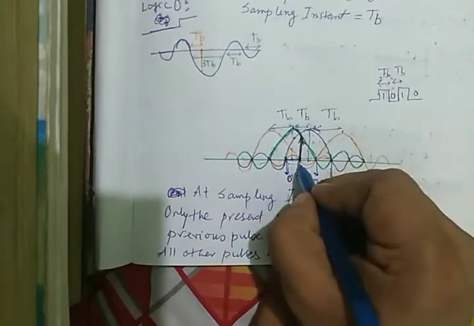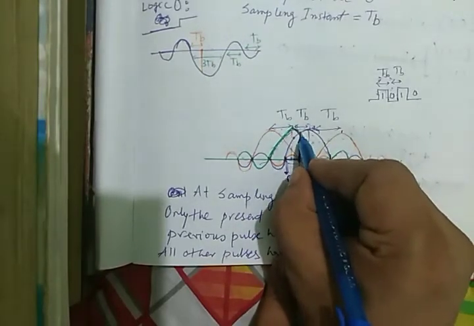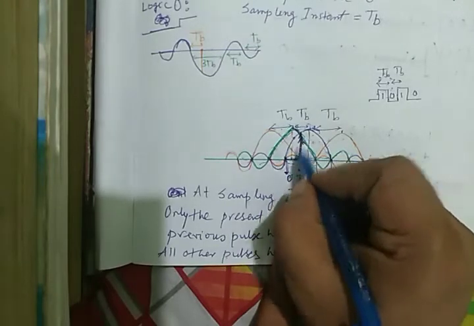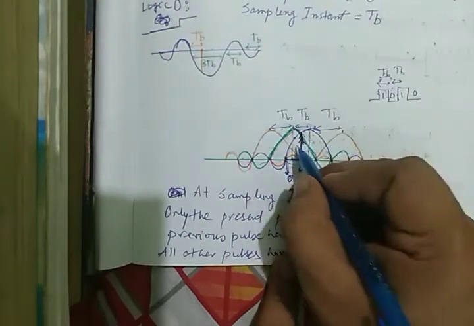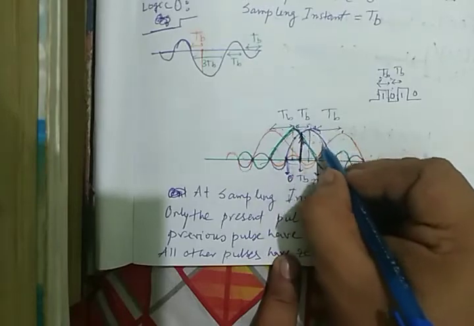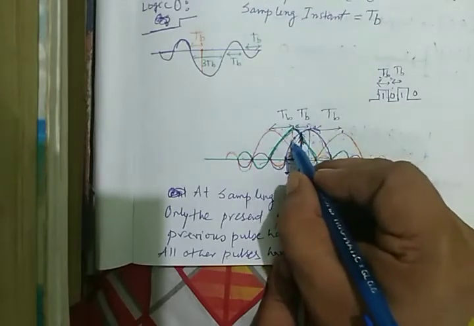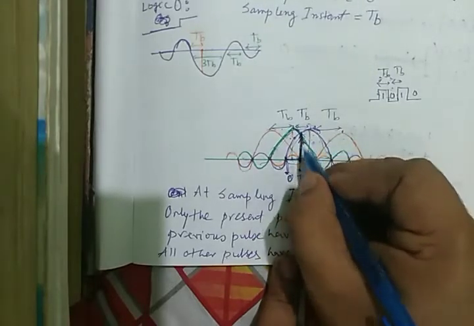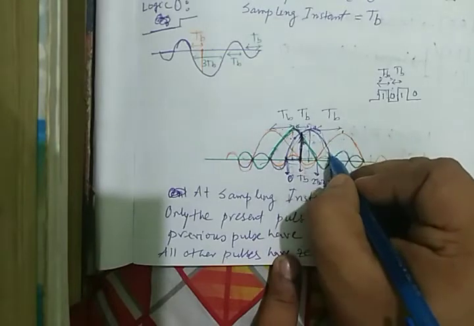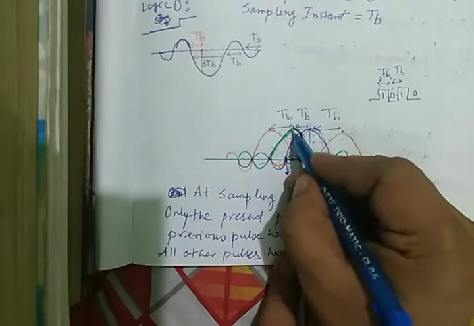If we do sampling here, you will find that with this blue pulse, only one more pulse is creating interference, that is the green pulse.